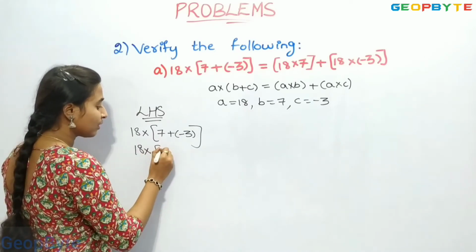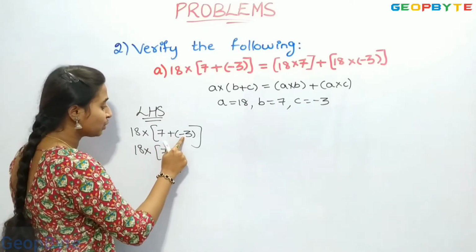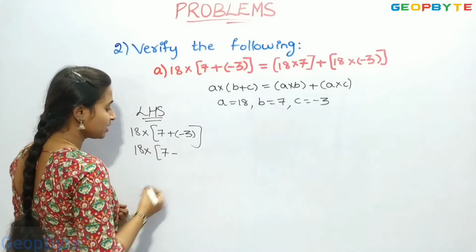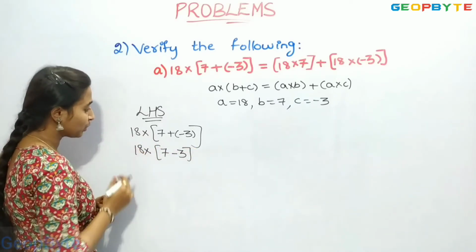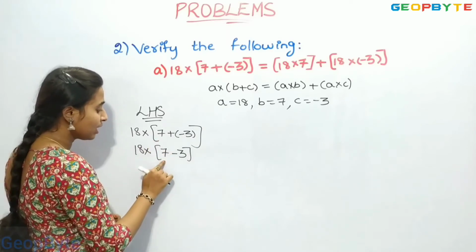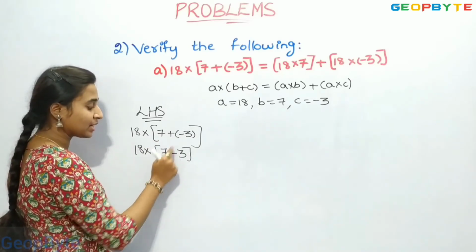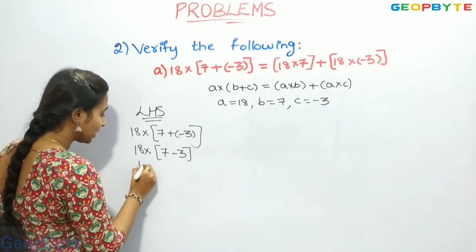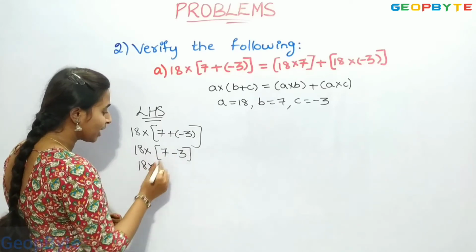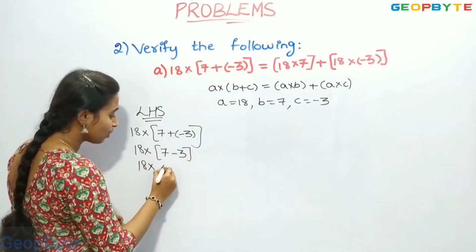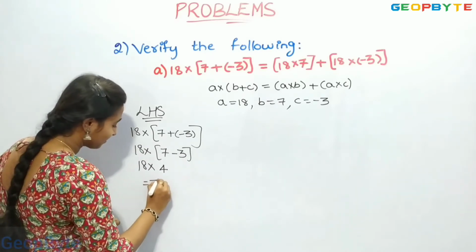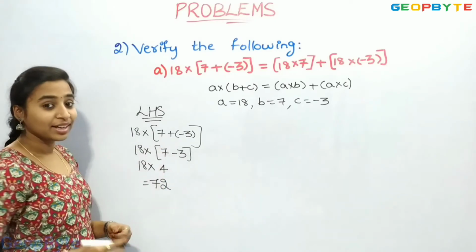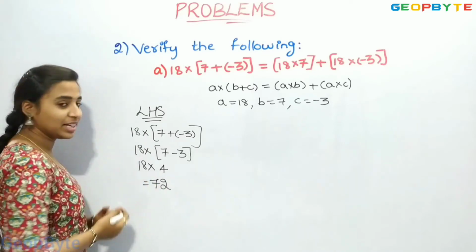I have written 18 into as it is, 7 plus into minus, minus 3. It becomes 7 minus 3 is 4. 18 fours are 72.